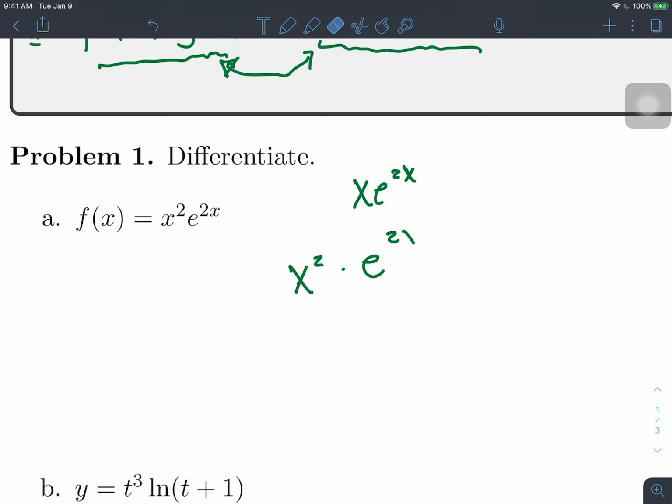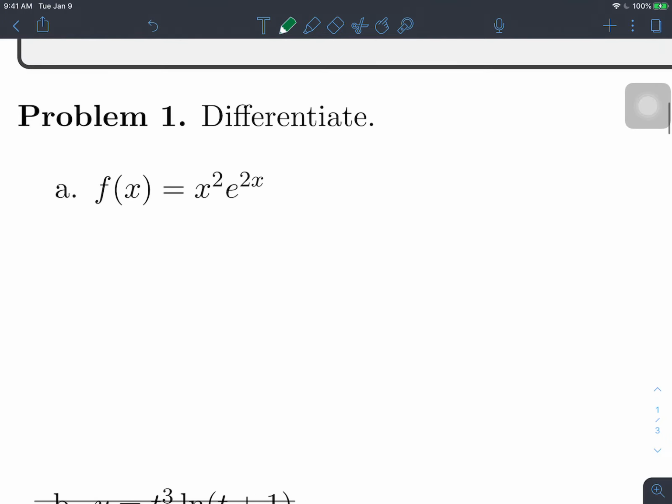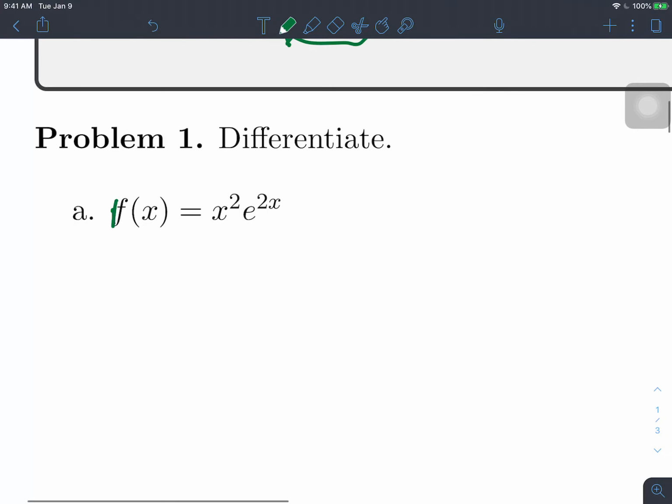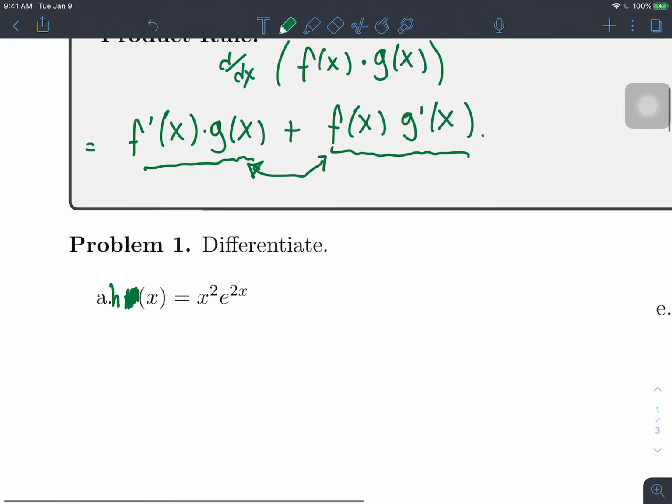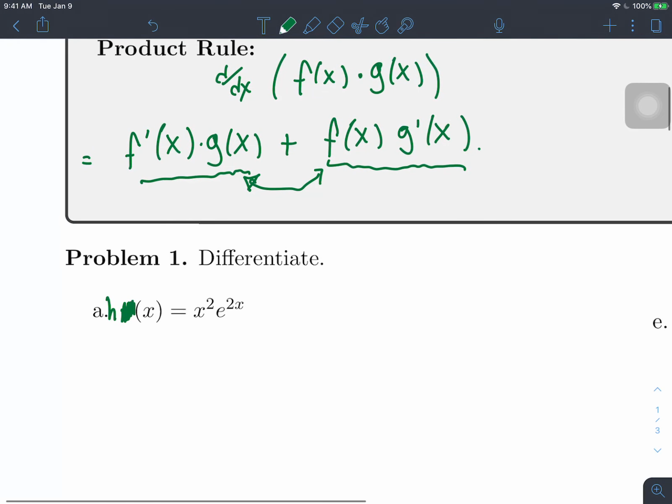Let me erase that stuff. So for the sake of the notation, I'm going to rewrite this problem a little bit. We're going to change this to an h here. We're going to call this h of x because I want my notation to be similar to what you see in the product rule for the first problem.